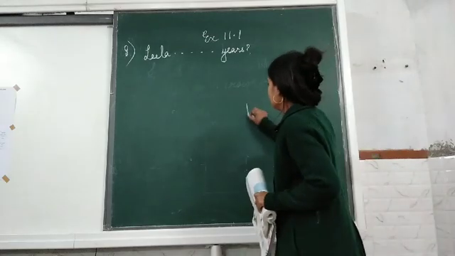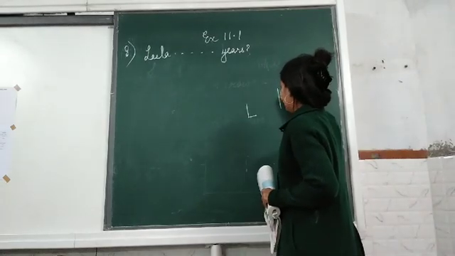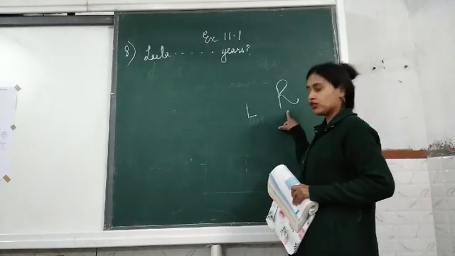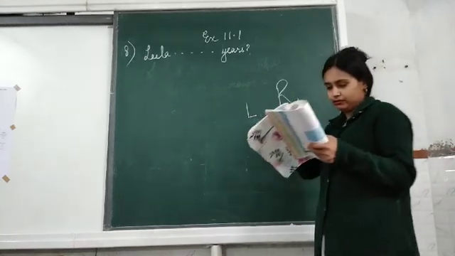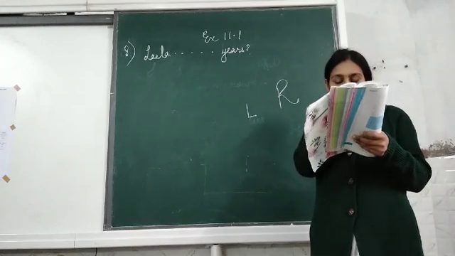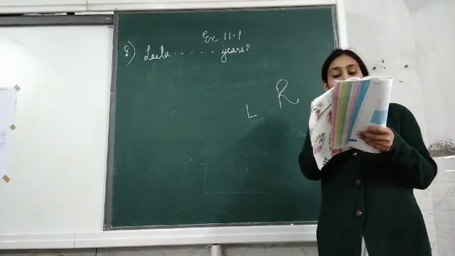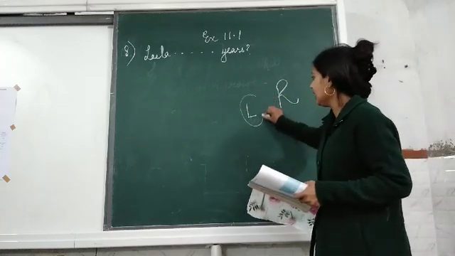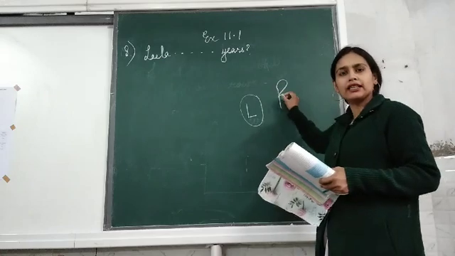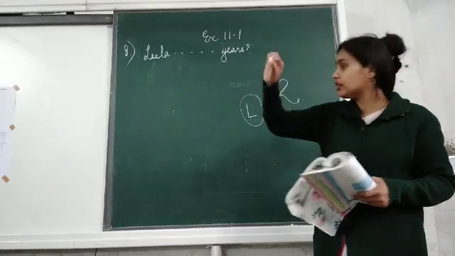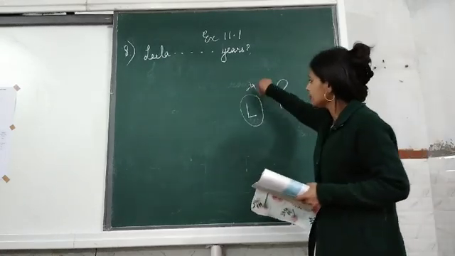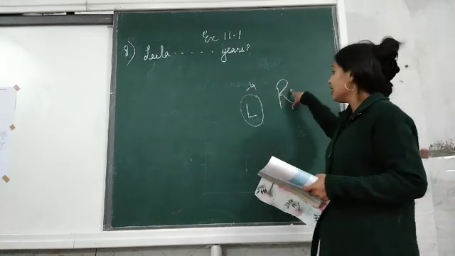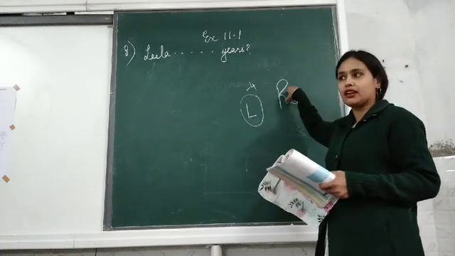So there is Leela and there is Radha. Leela is younger, so I have made L small. Radha is older, so I have made R large. Leela is 4 years younger than Radha. That means 4 years less, so minus 4. Leela is 4 years less than Radha, that is, younger than Radha.